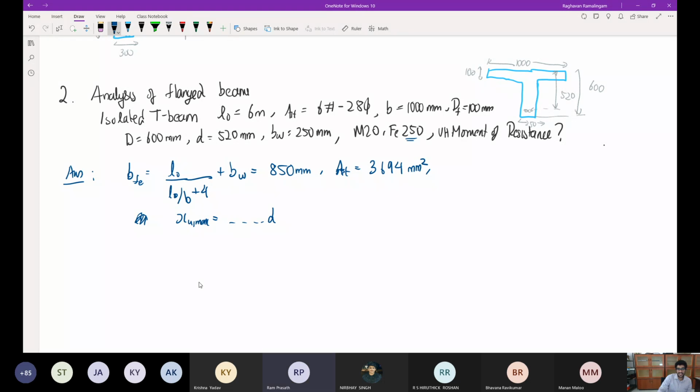It is 0.48d for Fe415, and for Fe500 it is 0.46. Fe250 is an even lower grade steel than Fe415.